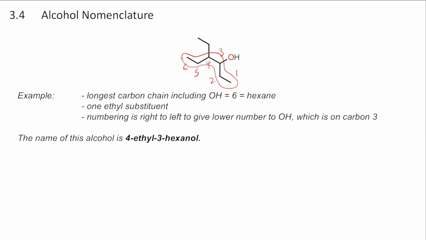The longest carbon chain has 6 carbons, which is hexane. We drop the "e" and put "ol" to make hexanol. We put the position of the OH group, which is on carbon 3, in front. And then we list out any substituents, which is an ethyl on carbon 4, to get the name 4-ethyl-3-hexanol.